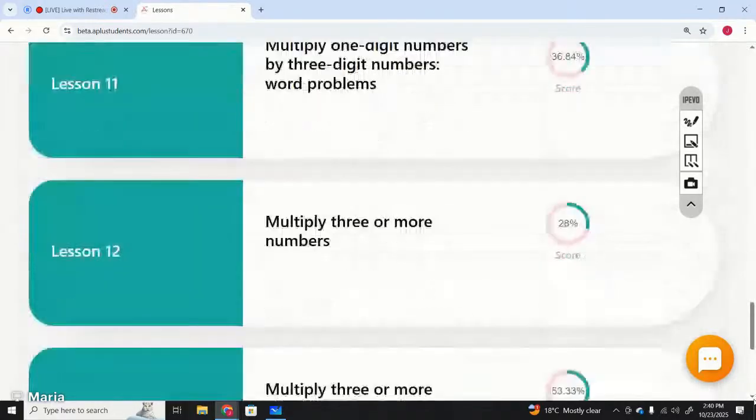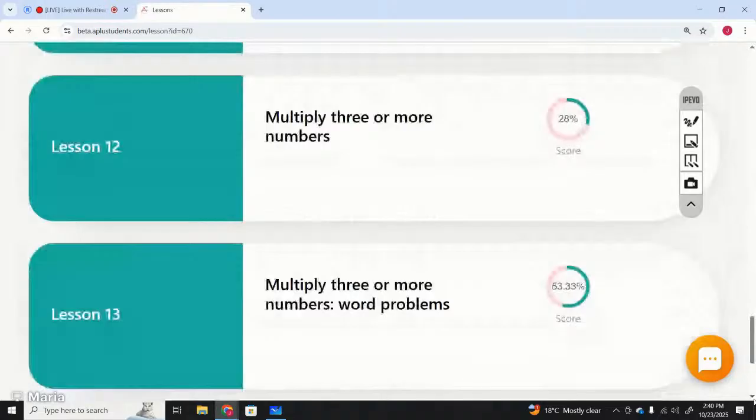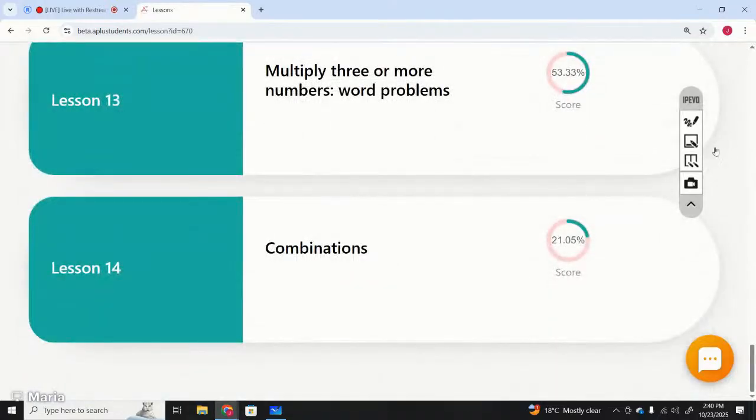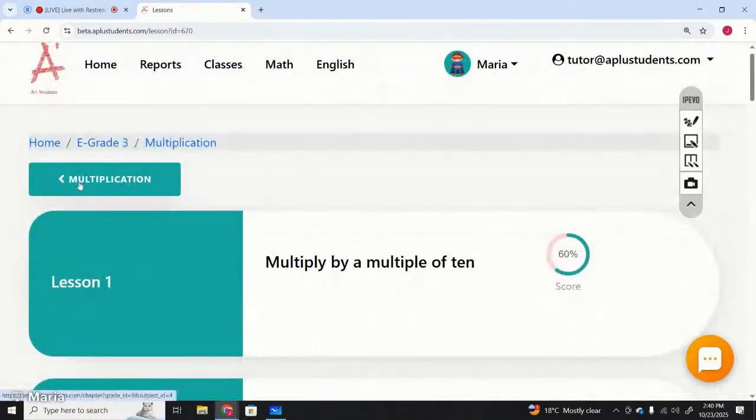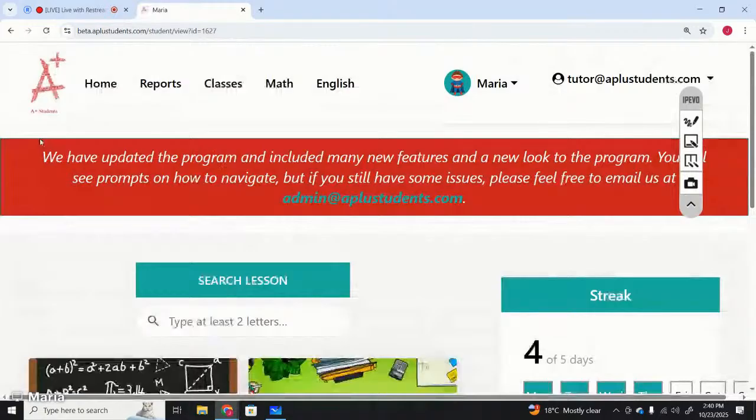Then multiply three or more numbers. The word problems you have to do on your own. The one we just finished is combinations. So please make sure before the next session you complete all the practice questions for the lessons we just did. That is your homework until next session.